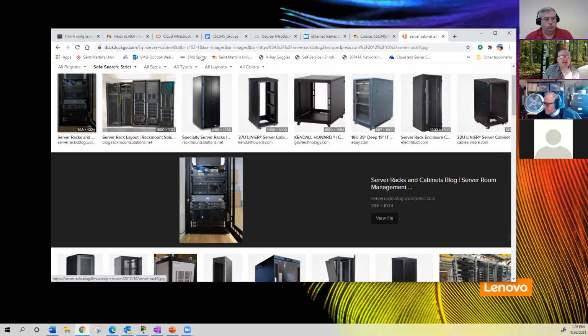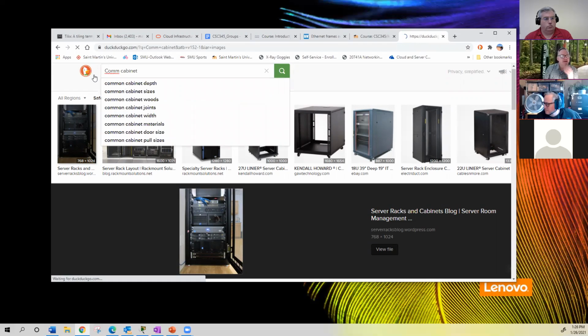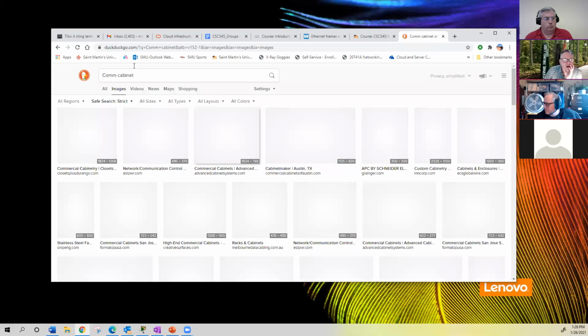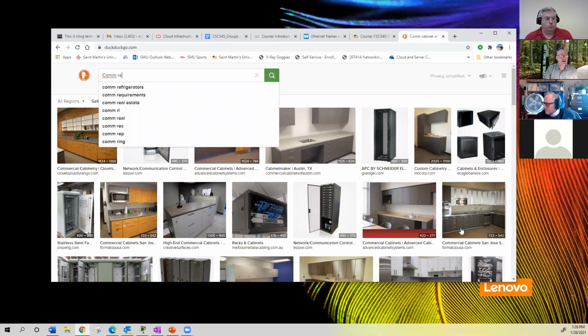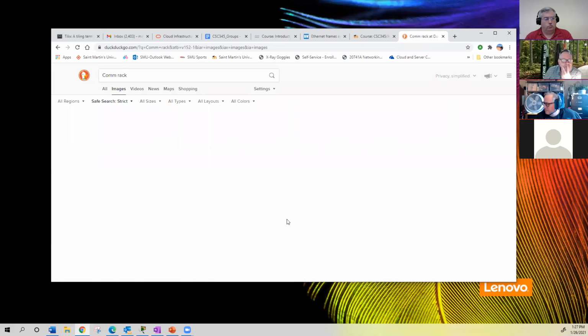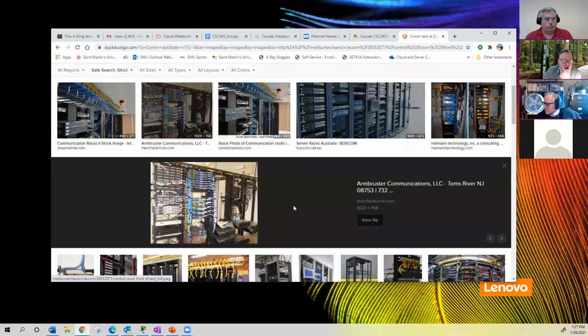routers, typically comms rack. There's a server rack, and then there's a comms rack. Okay, and the comms cabinet, I should have said rack, but we'll see what they show us. This is more a comms rack like this, where this is active, where you actually have devices that are powered up here with the blue and white cabling in this picture.